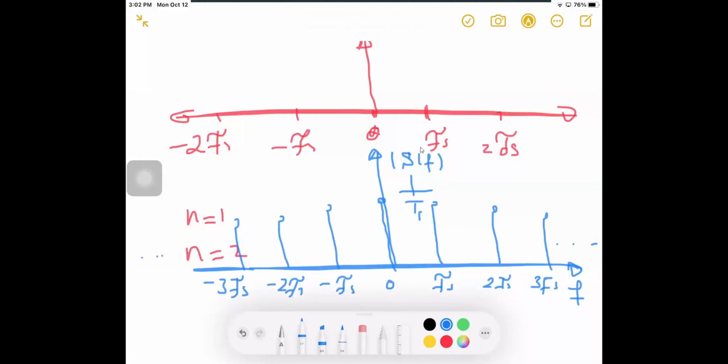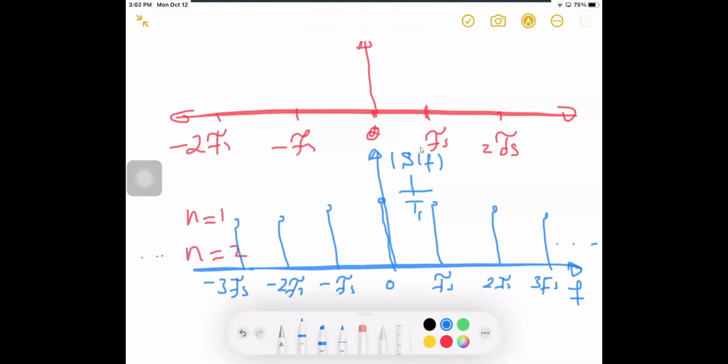What we can conclude from this derivation is that the function S of t in the time domain is impulses spaced by Ts. Its Fourier transform will again be a train of impulse functions, but this time they are spaced by Fs, the sampling frequency, and the amplitudes of the impulses are scaled by 1 over Ts.